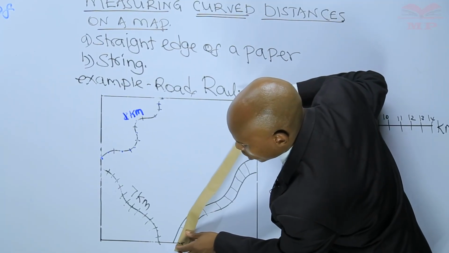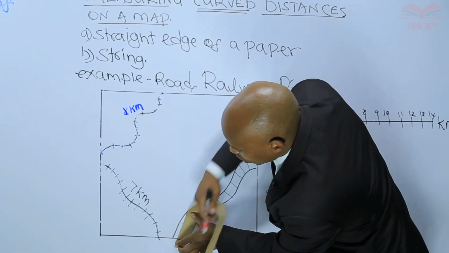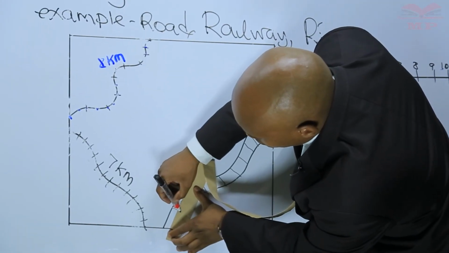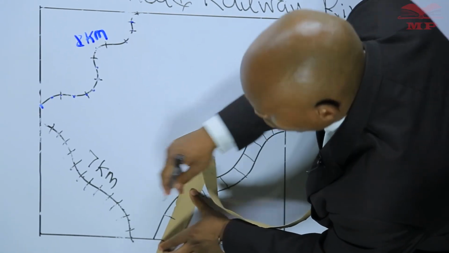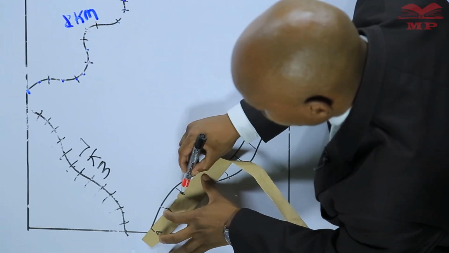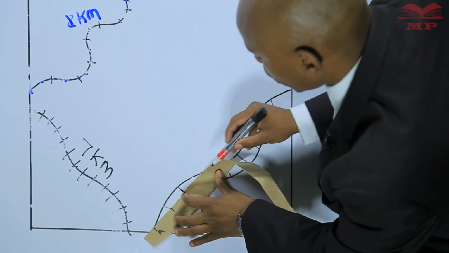Now my point A is here. So this is my second straight edge. I mark it. The other edge is there.